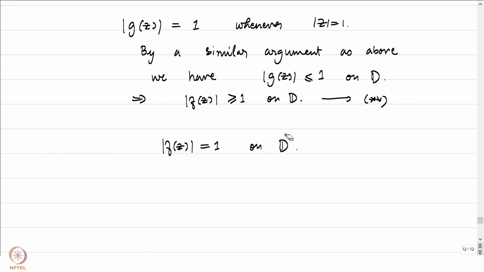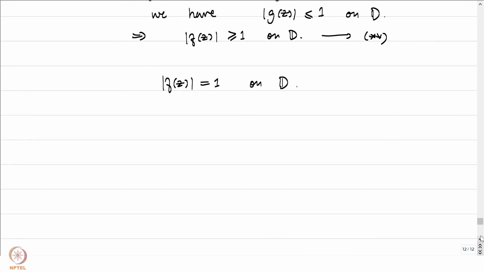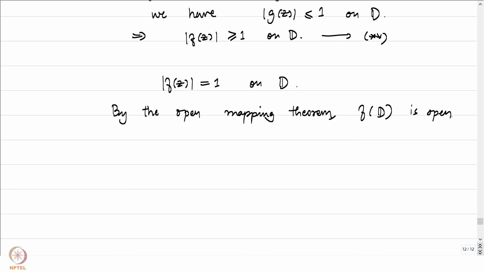But what do we know about a holomorphic function which is non-constant? Because it's a non-constant holomorphic function, the image of D under f is going to be an open set by the open mapping theorem. f of D is open, and hence absolute value of f of z equal to 1 on D is a contradiction.